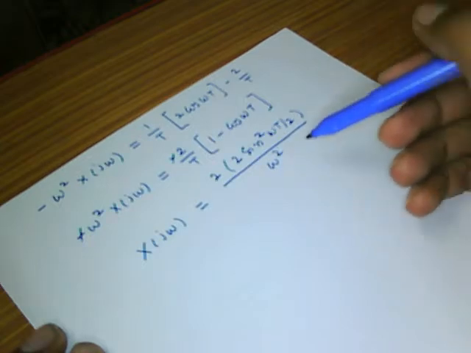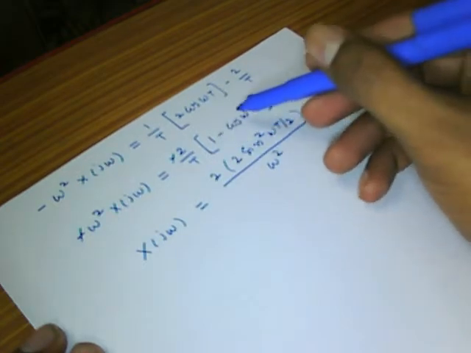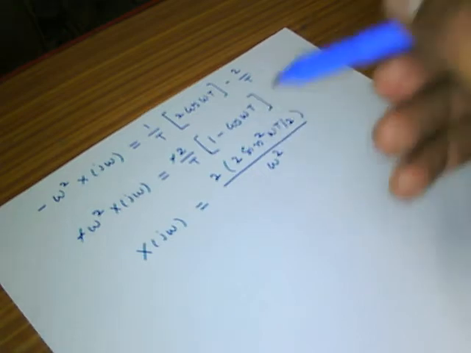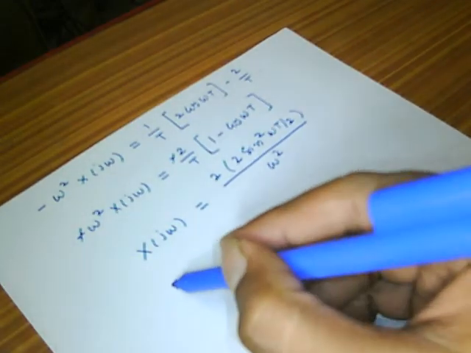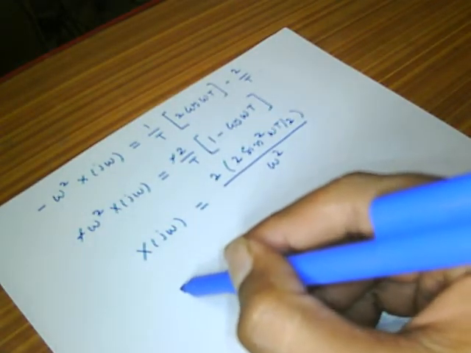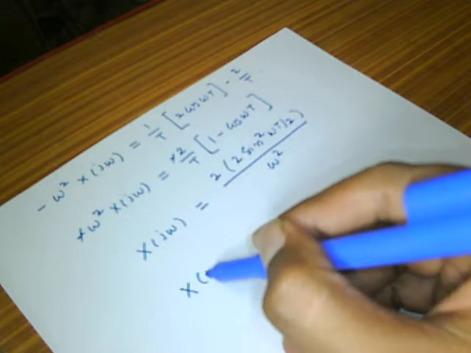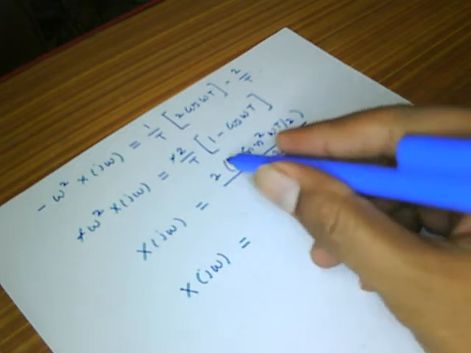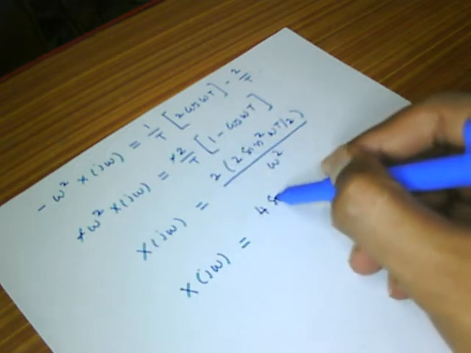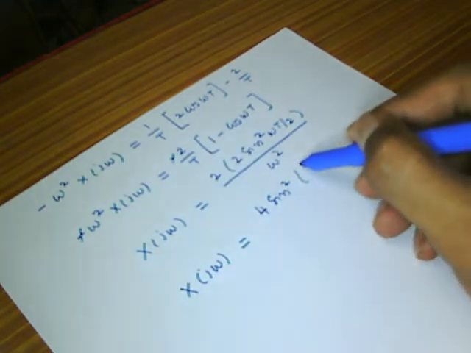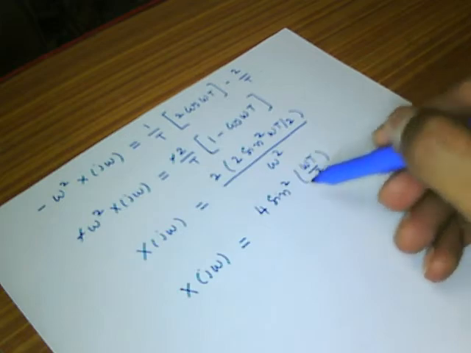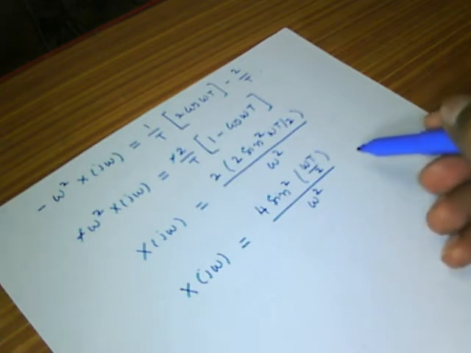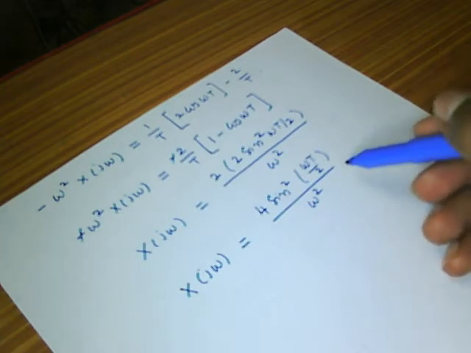Since 1 minus cos theta is 2 sine square theta by 2, and for us theta is omega T, you get this as the Fourier transform. Let us write it in a short nice form. The Fourier transform of that triangle signal will be 2 into 2 is 4 sine square omega T by 2, by omega square.